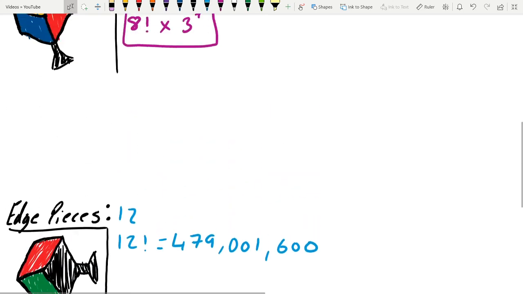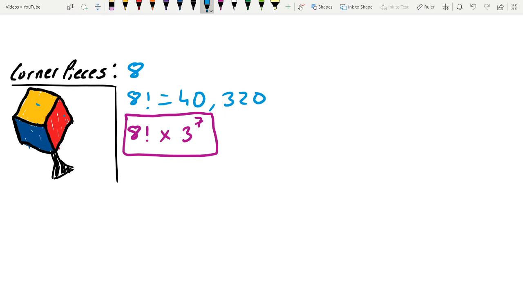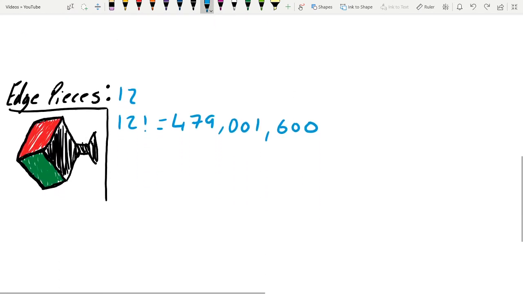And on these corner pieces, there were 3 different colours on the piece, but on the edge pieces there are only 2 different colours. So then the possible orientations of the edge pieces is 2, not 3 like the corners.